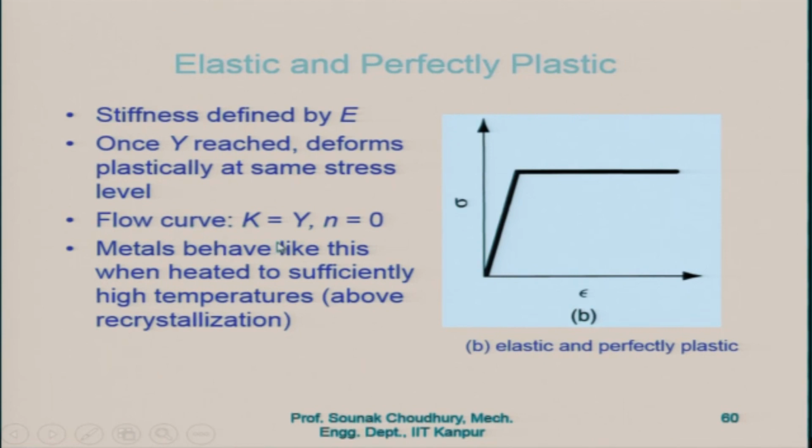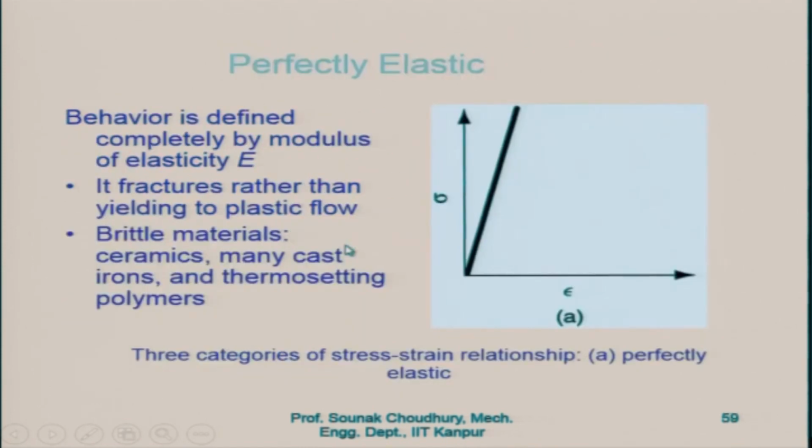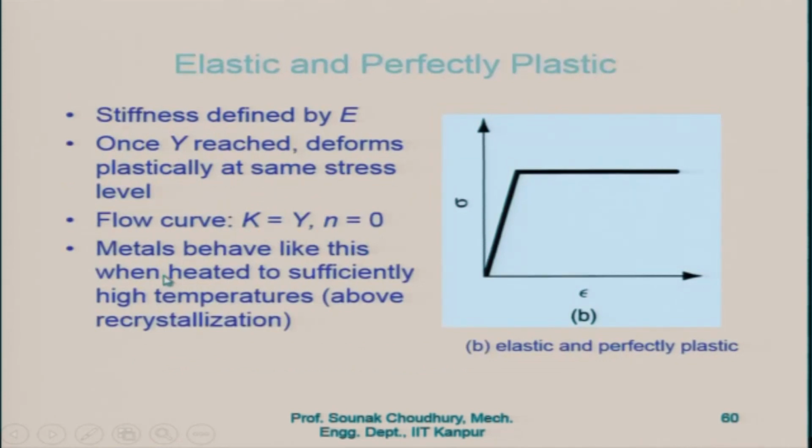Therefore, the flow curve is K is equal to Y, because there is no strain hardening here, n is equal to 0, and therefore the flow curve will be K is equal to Y, okay. If you see the flow curve that we have shown, here we are defining that as Y. Metals, well, we mean to say that this is the yield point, by the way, all right.